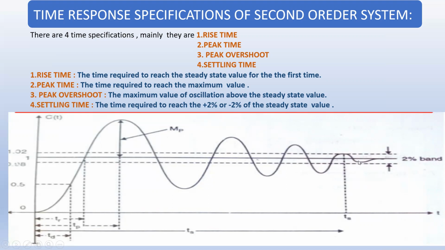So if these oscillations are within 2% above or below this steady state value, then we have the steady state response. The time required to reach this steady state value is called the settling time. So from zero all the way to this steady state reaching time, this is what is called settling time.